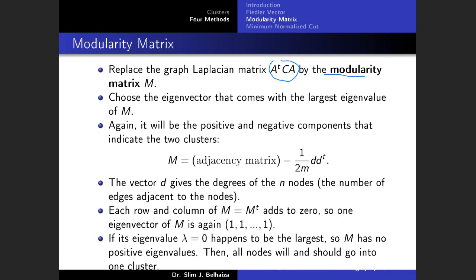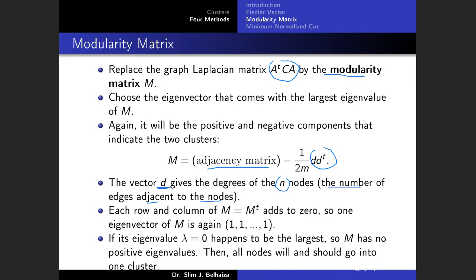So M is in fact the adjacency matrix minus 1/2m multiplied by d d^T. What is d? The small d gives the degrees of the n nodes, I mean the number of edges adjacent to the n nodes, as we just talked about.